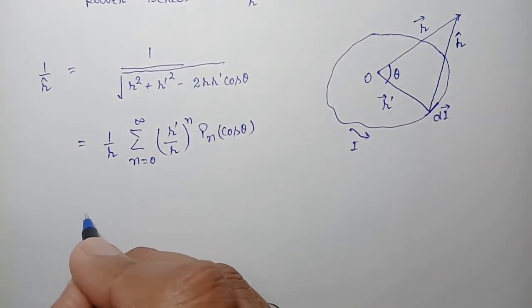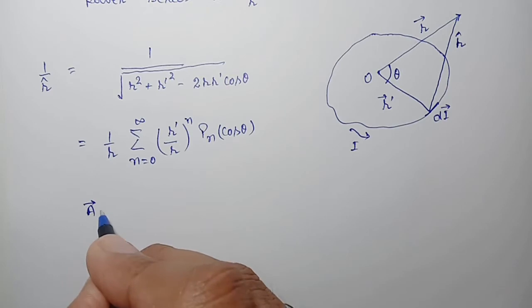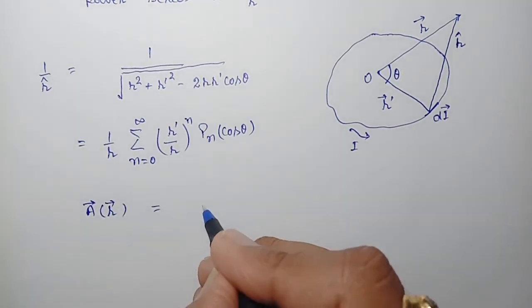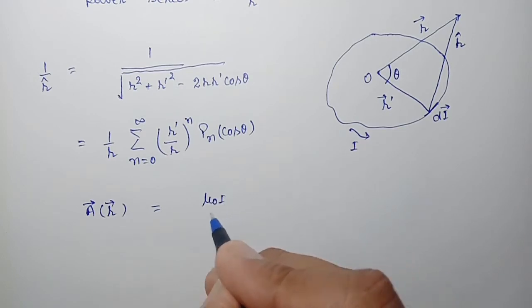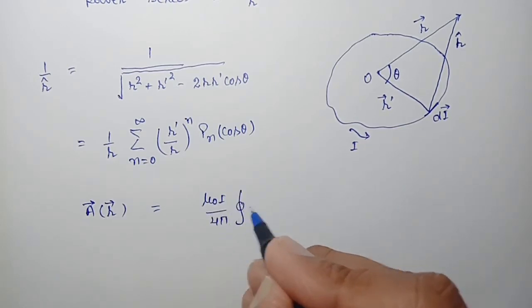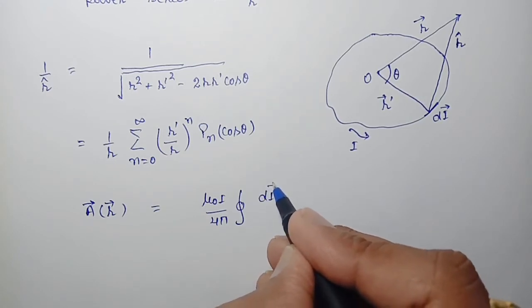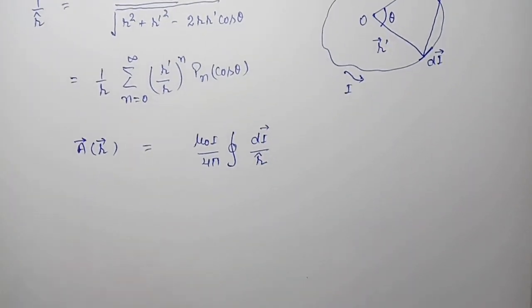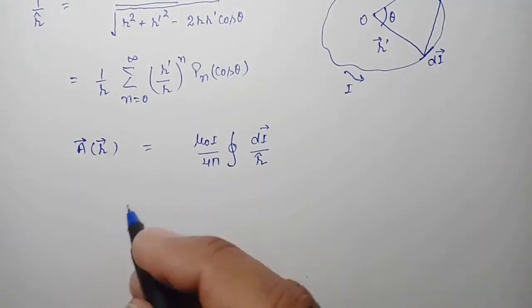So we know that the vector potential A of r is equal to mu naught I over 4 pi, and here we have dl vector over r cap. So now we will substitute the value of 1 over r cap in this equation.